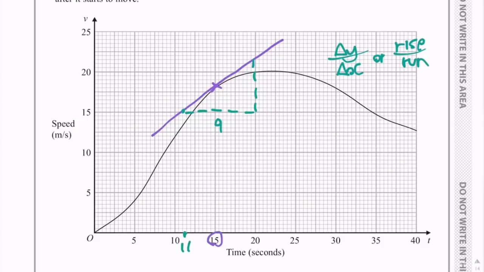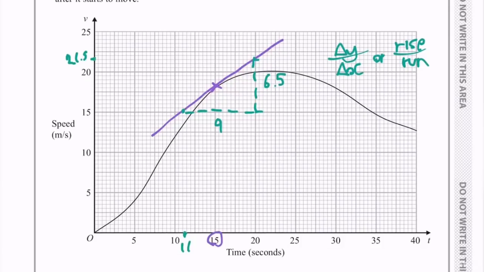And then the height changes, it goes from 15 here, up to this number here, which I am going to have to just read nice and carefully. That is, for me, 21.5 over here. Each 2 squares goes up 1, so that'd be 21.5. So from 15 up to 21.5 is 6.5. So the change in y I've got as 6.5. The change in x I have as 9.